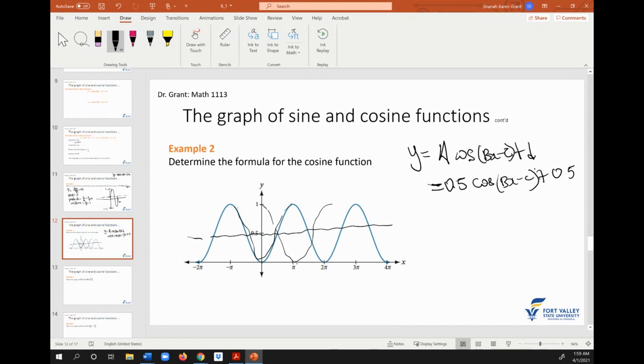So b could be seen as 1. So our graph is going to be y equals 0.5 cosine x plus 0.5. Okay.